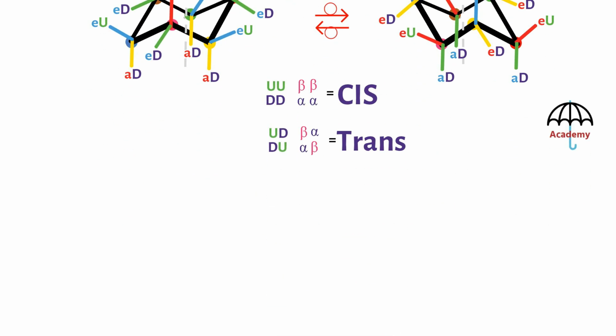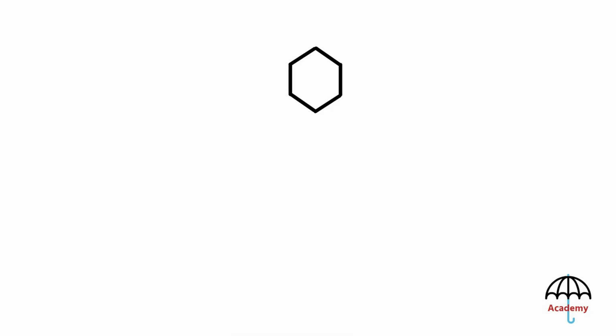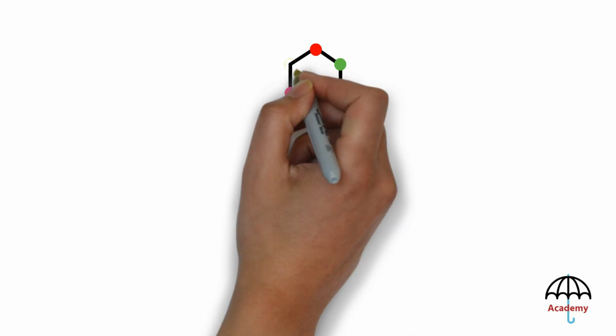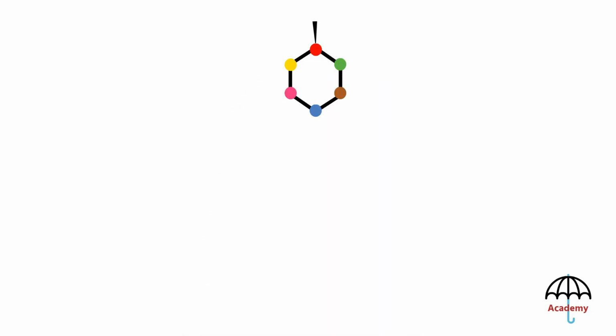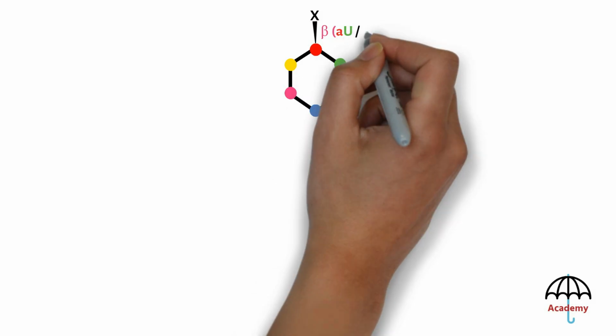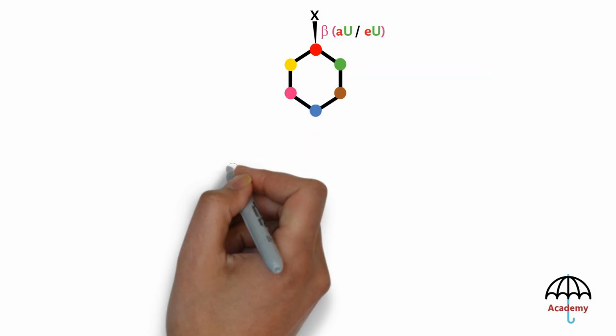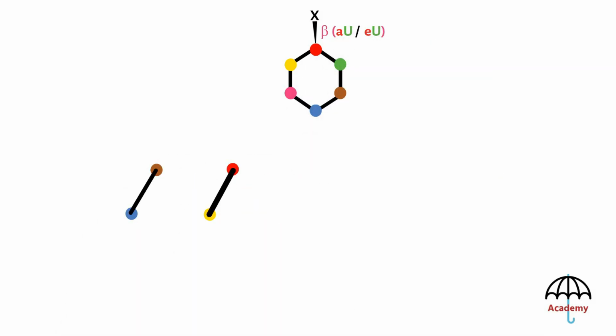To check our understanding, consider this planar cyclohexane. I attach substituent X on wedges. That means it is beta. In the chair form it will be either axial up or equatorial up. I am drawing cyclohexane chair using the method we discussed earlier.